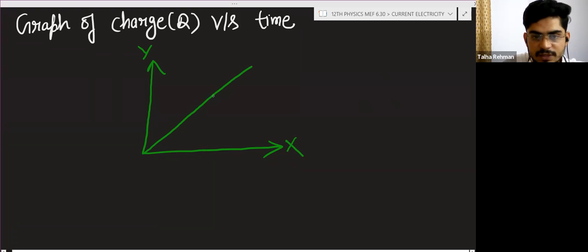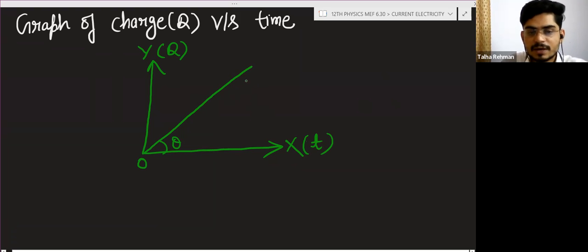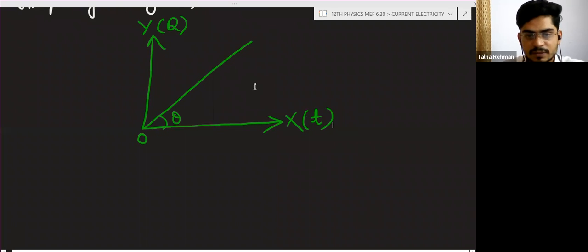The graph will be a straight line passing through the origin. Why is the graph like this?